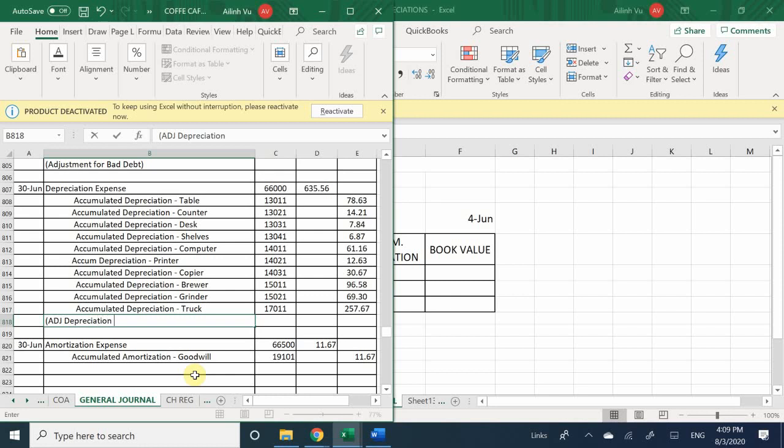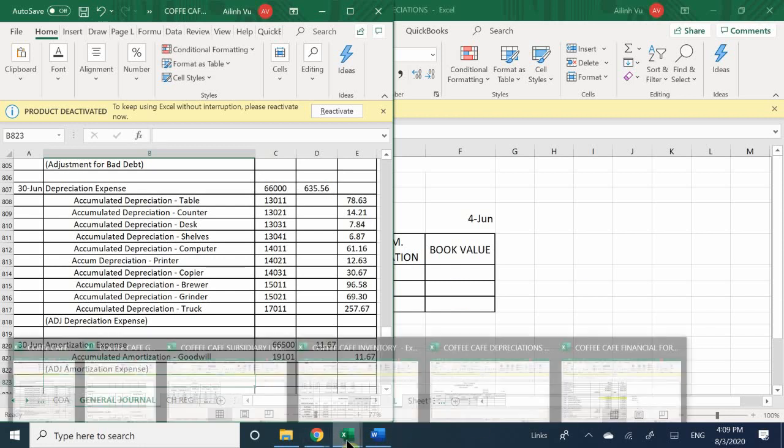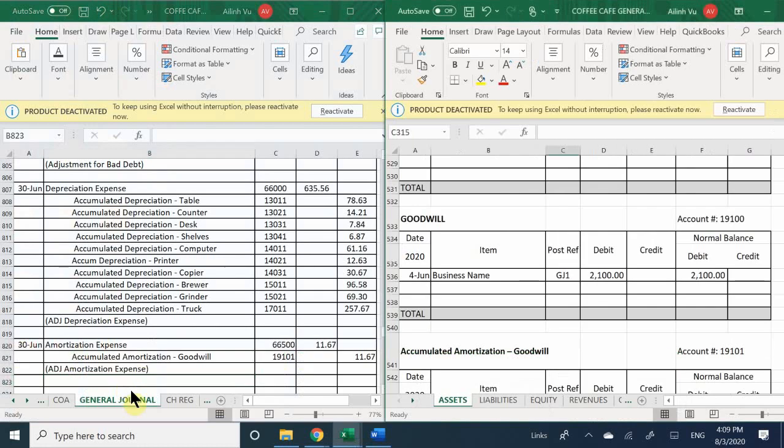Now we have to journalize all these. Yeah, in the ledger, yes. That's what I was thinking. Okay. We got 6,600 should be on the back page. Paper.